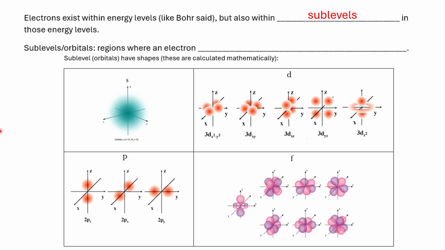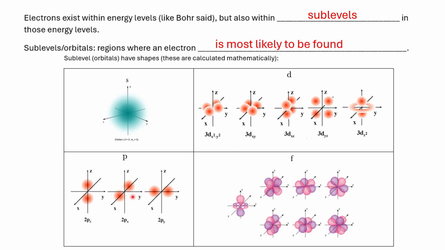And we can think of those sublevels or orbitals as regions where an electron is simply most likely to be found. Some people call them containers of highest probability of finding an electron. So we already know a little bit about at least the names of a couple of these shapes, but we have four different shapes.